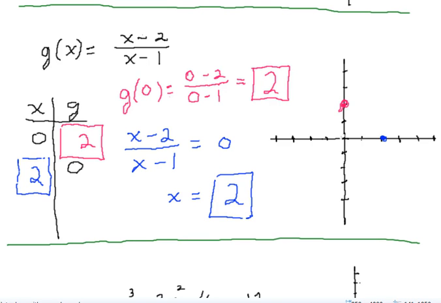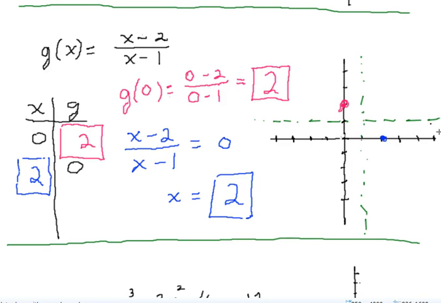It's not much to graph it by, but I happen to know, this being a rational function, that this one has a horizontal asymptote at 1. And because the zero of the denominator is positive 1, it has a vertical asymptote at 1.